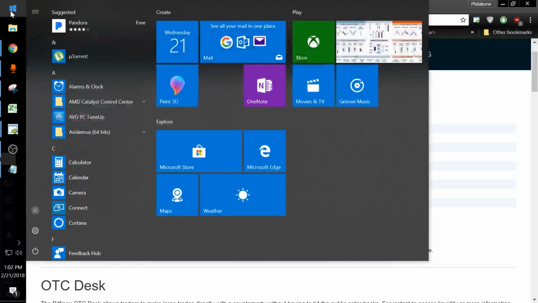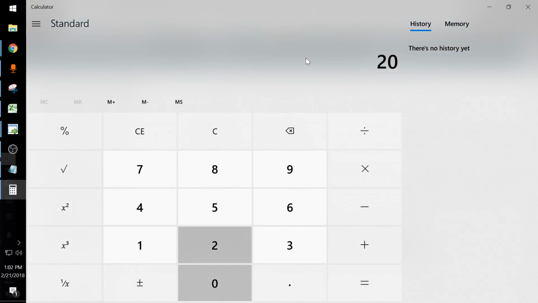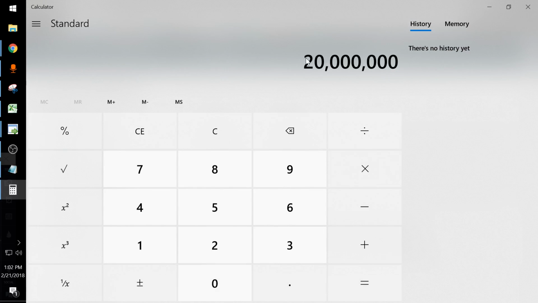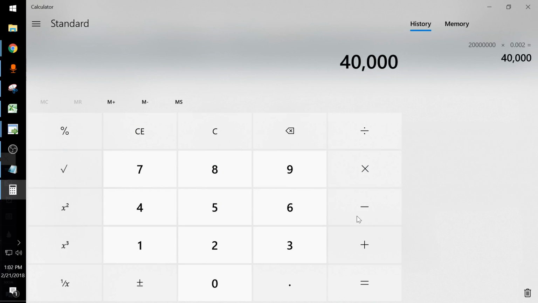If you do the math, I'm doing 20 million a month. If I always took the taker fee, I'd literally be paying $40,000 a month, guys. That's a lot of money, right? 0.2% of 20 million is $40,000 a month. So I'm literally saving myself $40,000 a month in fees alone.